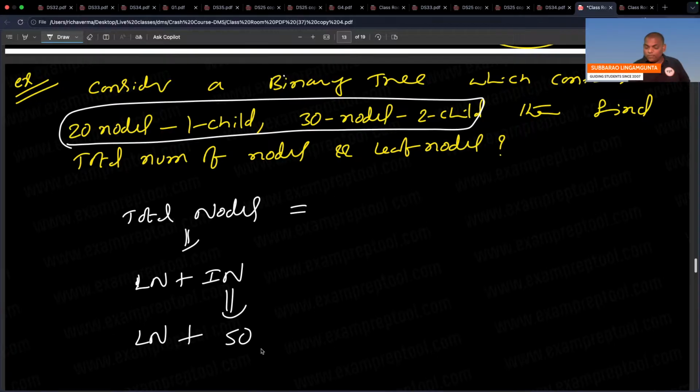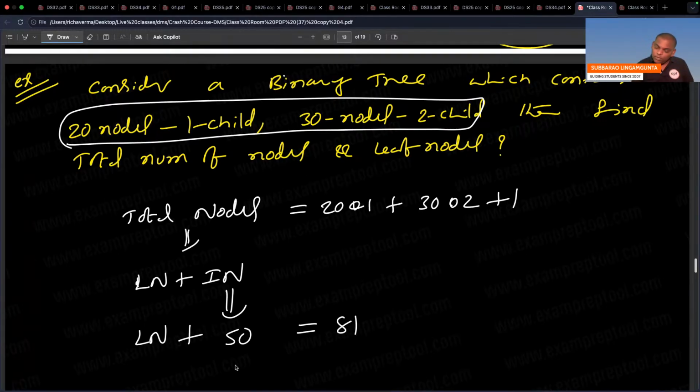Leaf nodes plus 50 is equal to 20 into 1 child, 30 into 2 children, plus 1. Which goes to 30 into 2, 60, plus 20, 80, plus 1, 81.